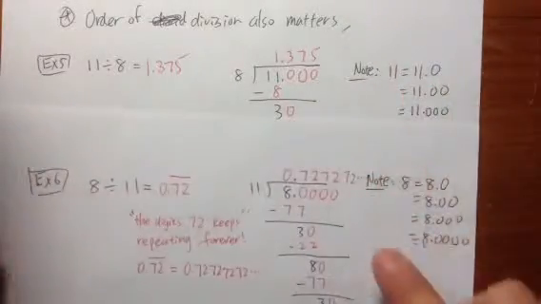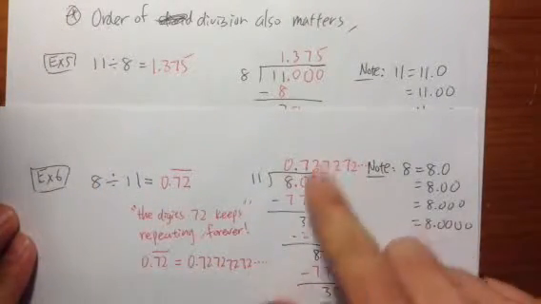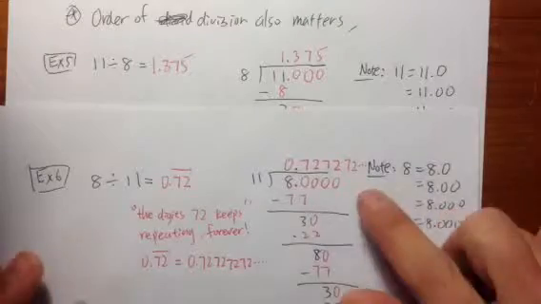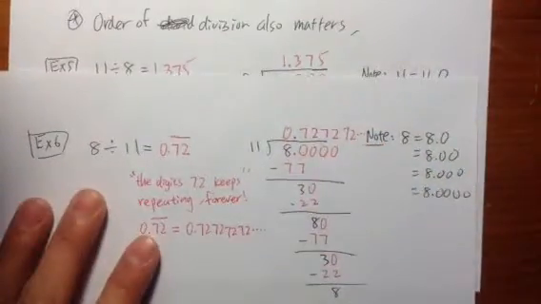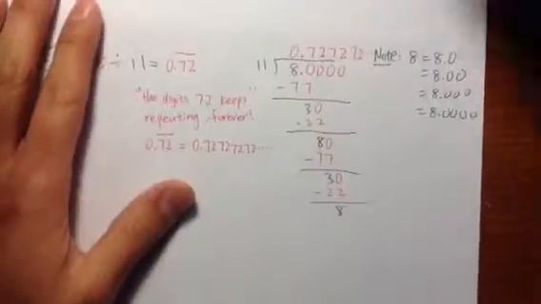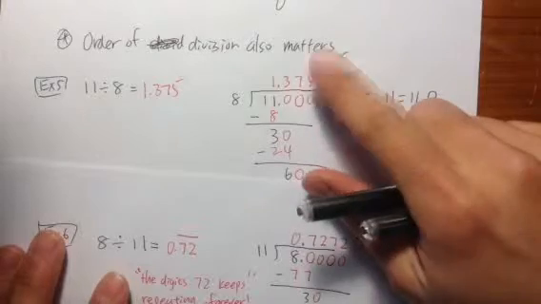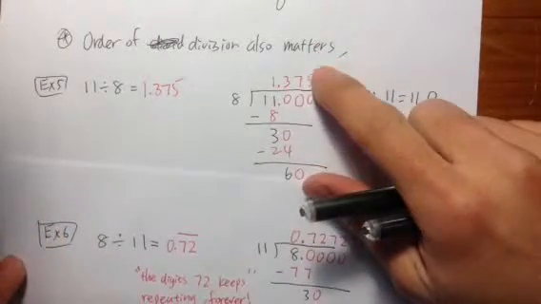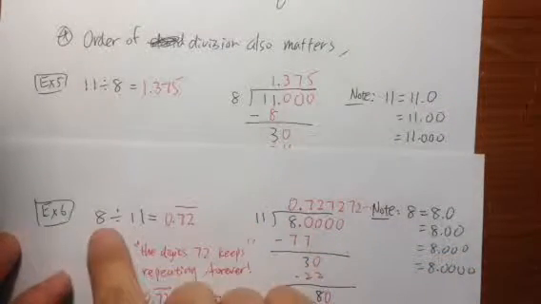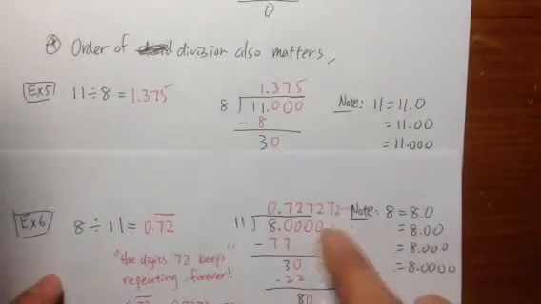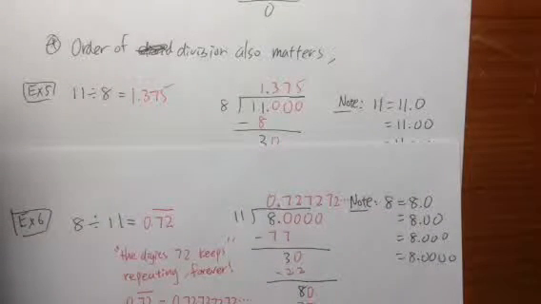But if you change the order, if you have 8 divided by 11, you end up getting a totally different answer. 0.72727272. It's totally different compared to what you have originally, right? Example 5, you get 1.375, but example 6, when you do 8 divided by 11, you get these crazy repeating numbers. So order of division matters.